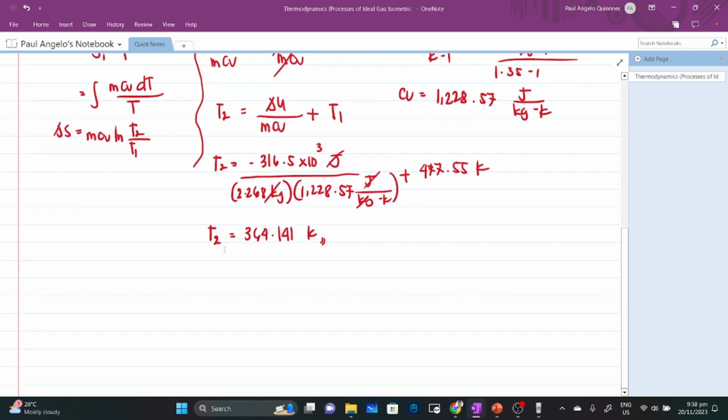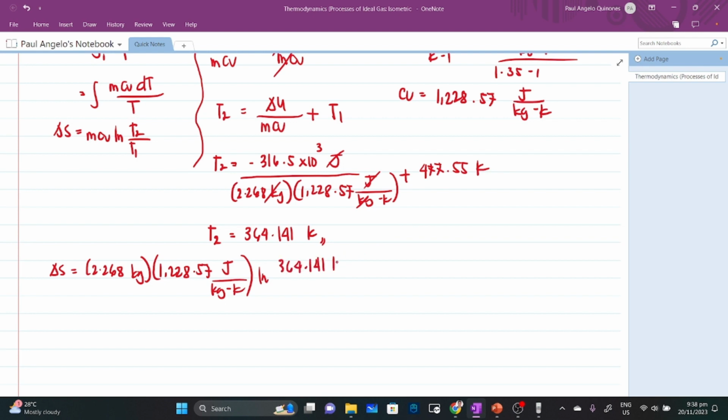We can substitute for the change in entropy. So delta S is equal to m, that is 2.268 kilograms, times cv, that is 1228.57 joules per kilogram Kelvin, times natural logarithm of T sub 2, that is 364.141 Kelvin, over 477.55 Kelvin. So the units cancel.